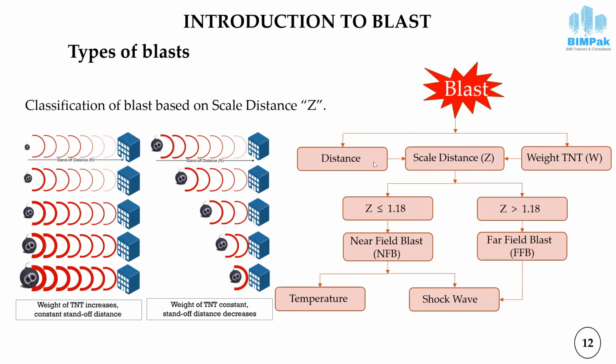Based on the scale distance, the blast load can be classified as near field blast and far field blast. If the scale distance, Z value, is less than or equal to 1.18, we categorize this blast as near field blast. And if the scale distance, Z value, is greater than 1.18, we classify this as far field blast. In case of near field blast, the temperature effect is also very important.